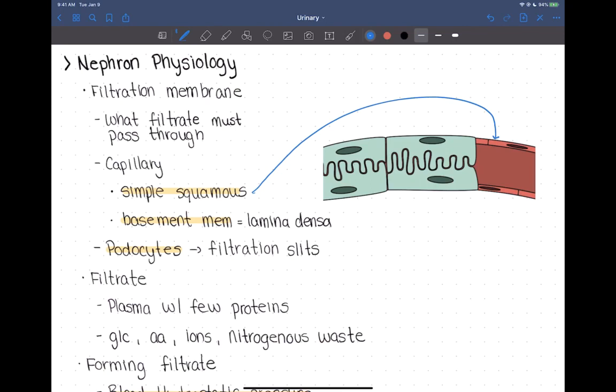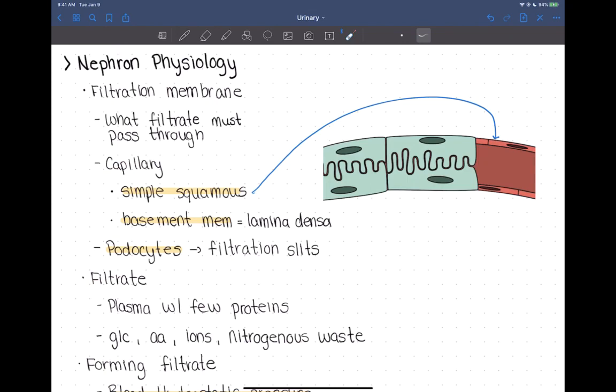So remember from A&P1, your epithelial cells, on the basal side, the bottom side, have that layer of glycoproteins called the basement membrane. So that filtrate is going to pass through the cell itself and then through that basement membrane, and then it's going to reach those podocytes that are the visceral layer of the glomerulus.